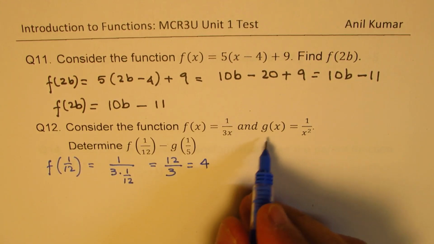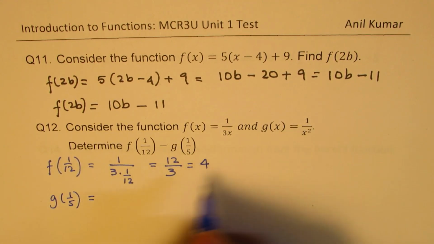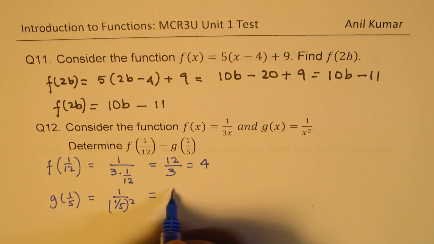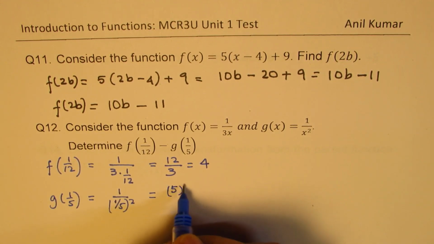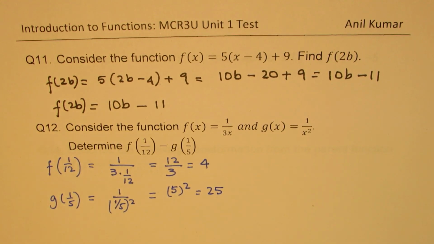Now let's also find g of 1 over 5. So g of x is 1 over x squared, so 1 over 5 squared, which is 25, correct? What do we need to figure out?